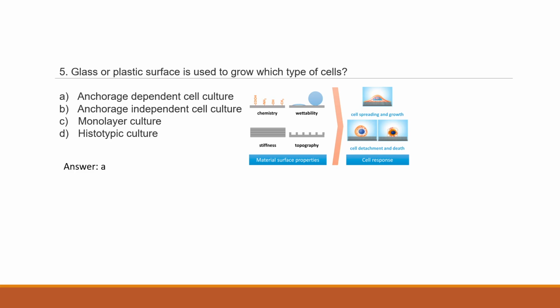Okay, so generally anchorage dependent cells will not prefer hydrophobic surfaces, because it repels the cell. And your hydrophilic surface will be helpful in attachment of the cell, adhesion of the cell on the surface, and once it attaches, it will help in its growth and proliferation. Whereas your suspension cells, you can grow in the hydrophobic plates.